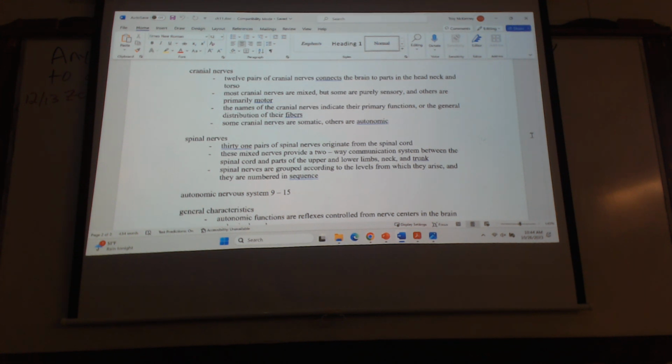You could say that is your rest and repair division, because substances like caffeine and sugar are not part of your parasympathetic division. That gives you energy, right?